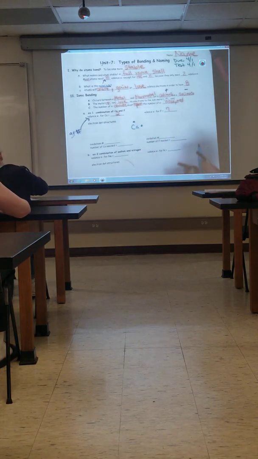If we had to draw this out, I'm going to go ahead and put Ca. And Ca has 2 valence electrons, one at the top, one on the side, so 2. But what about fluorine? Now, is one atom in group 2 going to be able to combine with one atom in group 17?